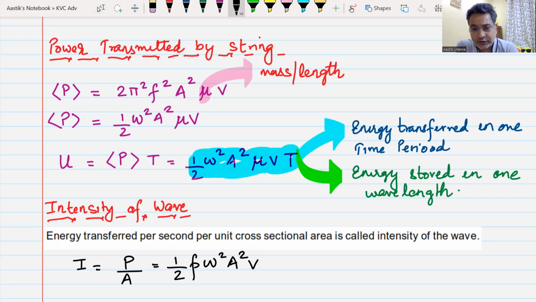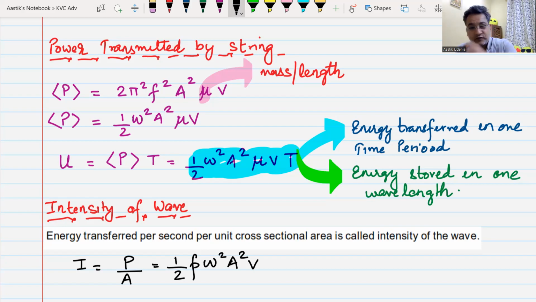What does omega stand for? Angular frequency, sir. What does A stand for? Amplitude. What does V stand for? Velocity of wave. What does rho stand for? Density of the medium.